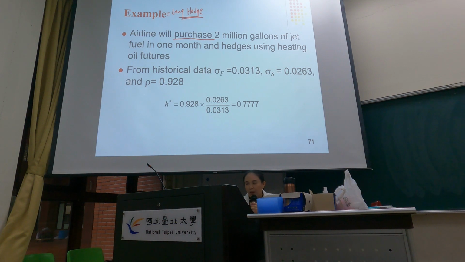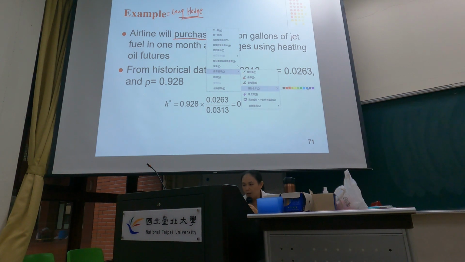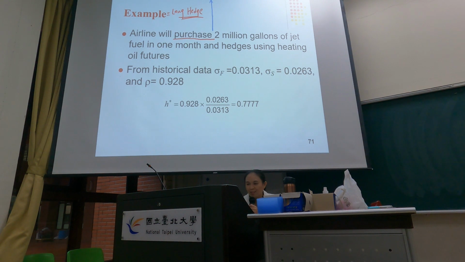We really have to spend some time to do revision. Otherwise, I'm very worried. I don't want to see you guys again next semester on the same course. So that's a long hedge. They all go together, right?